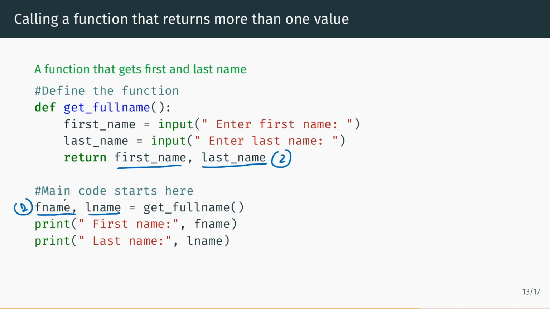The first name would be saved in the fname variable, and the last name would be saved in the lname variable. That's it. Essentially it's very similar to calling a function that returns one value, except you have two variables separated by commas to save the results.